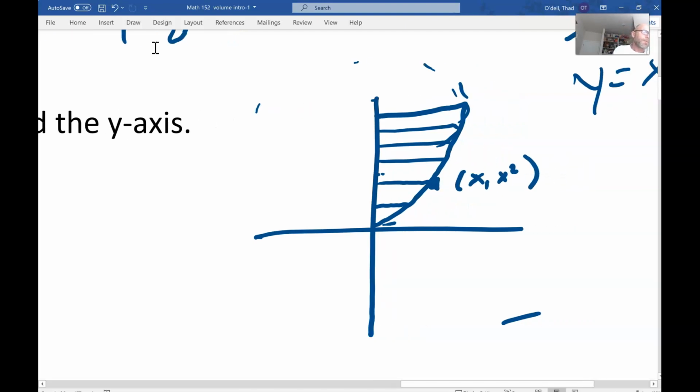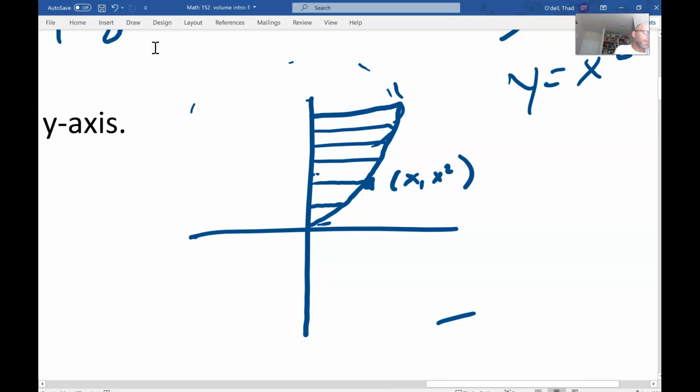But also, because of this relationship, I could describe this point in terms of the y value. So the y coordinate is y, which means the x coordinate is the square root of y. So you could describe any one of the points on this curve using this guy or that guy.